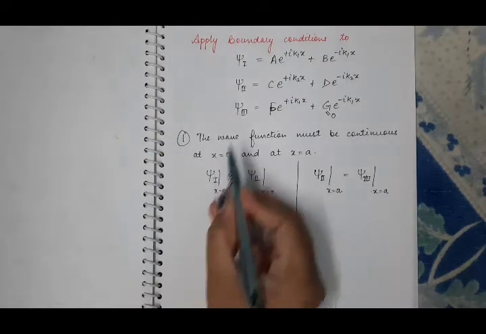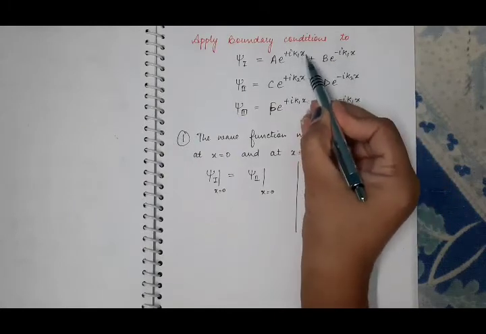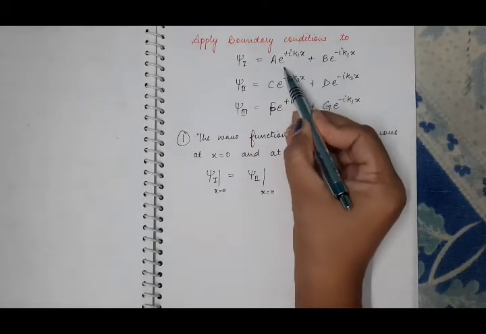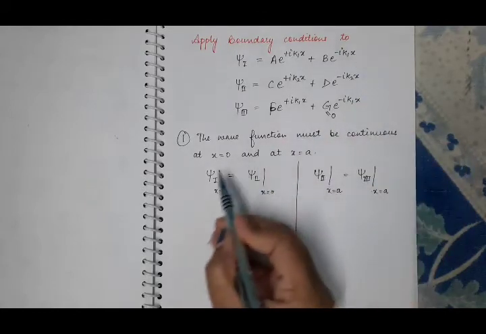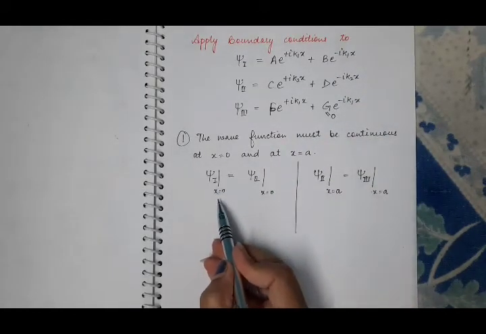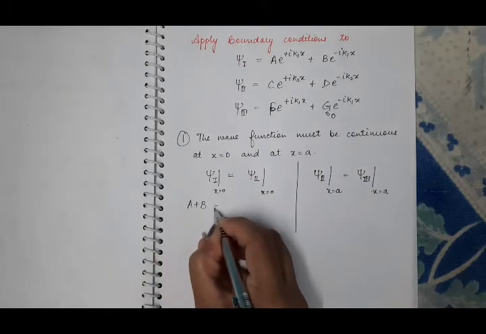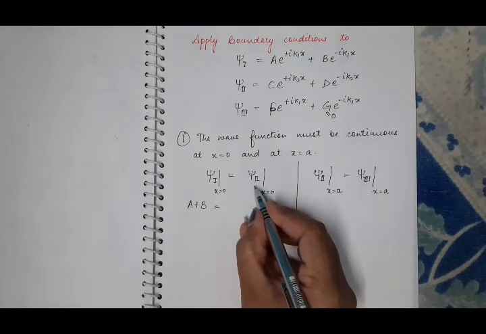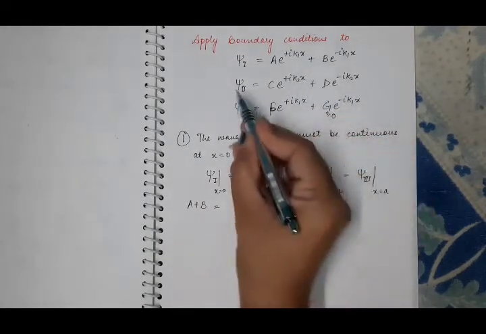So what is psi1? Psi1 is this. Put x is equal to 0 here. When you put x is equal to 0 here, e raised to power 0 will be 1. So on the left hand side, the value of psi1 at x is equal to 0 will be a plus b. It is equal to the value of psi2 at x is equal to 0. So again put x is equal to 0 in the value of psi2.